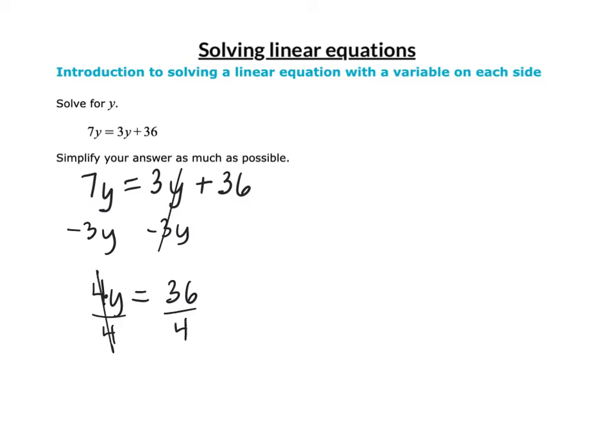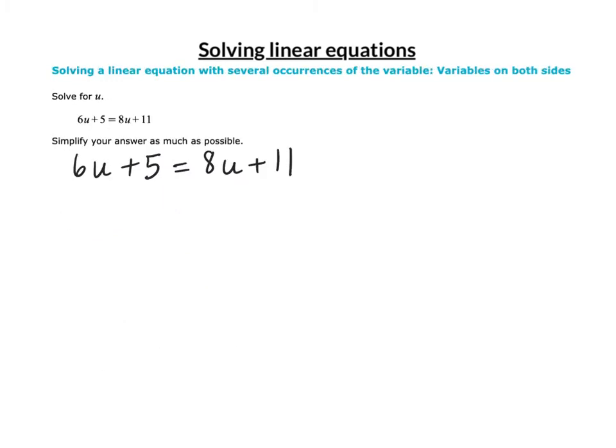And these cancel. 1y is what I have there. 1y is y. And 36 divided by 4 is 9. So y equals 9. So when there are variables on both sides, get rid of one of them, do the same thing to both sides, get the variable by itself.